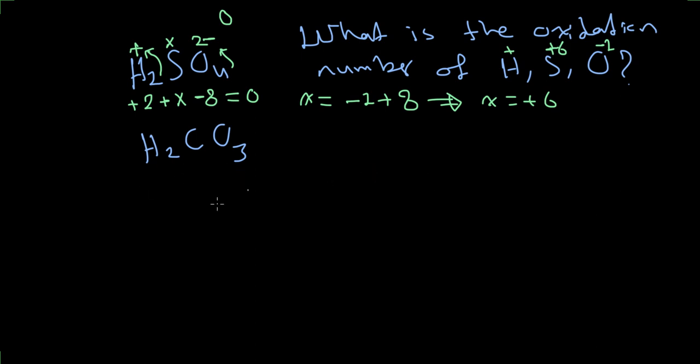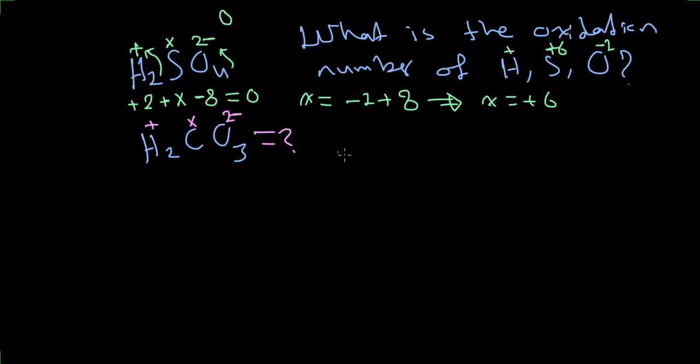What about this one, H2CO3? Hydrogen is always +1 in this molecular compound. Oxygen in a molecular compound is -2. Then carbon is X. Pause the video and try to find it.